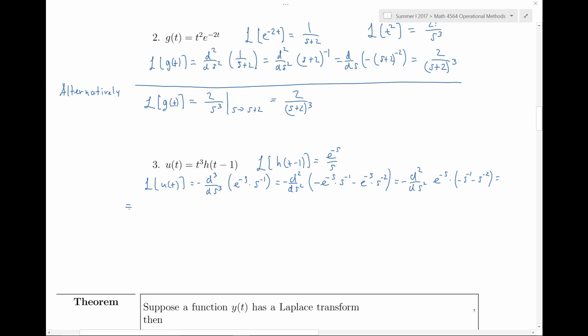This ends up being minus the first derivative of, again applying the product rule, minus e to the minus s times minus s to the negative 1 minus s to the negative 2, plus e to the minus s multiplied by the derivative of this, which ends up being positive s to the negative 2 plus 2 s to the negative 3.